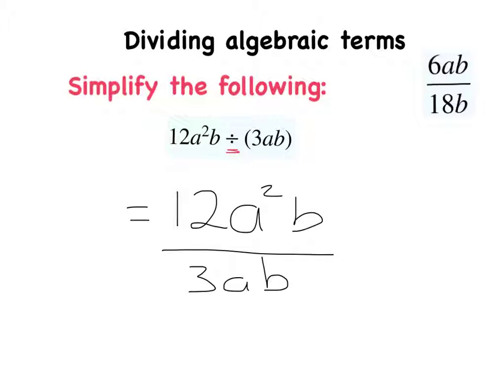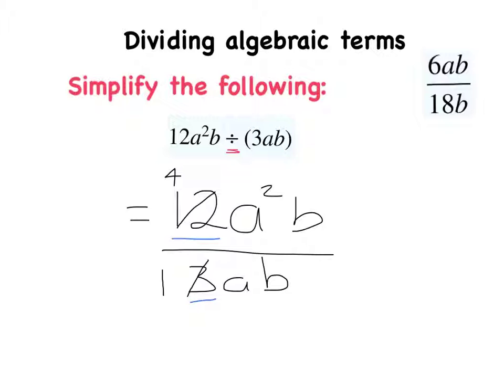Just like when we had normal fractions, we can actually cancel this fraction. So 12 and 3, let's deal with those terms first, because they're the numbers. Highest common factor between 12 and 3 is 3. 3 goes into 3 once and into 12 4 times.